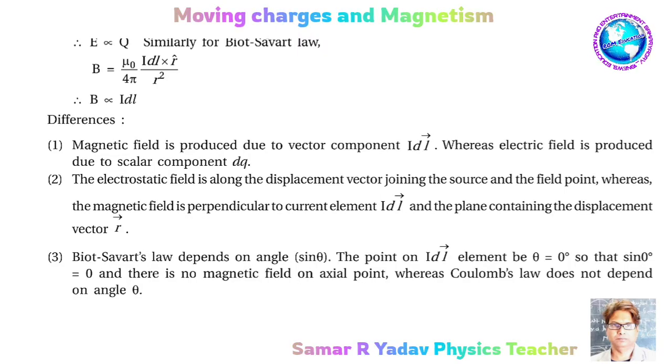For a point on the I dl vector element axis, theta is equal to 0, so that sin 0 is equal to 0, and there is no magnetic field at an axial point, whereas Coulomb law does not depend on angle theta.